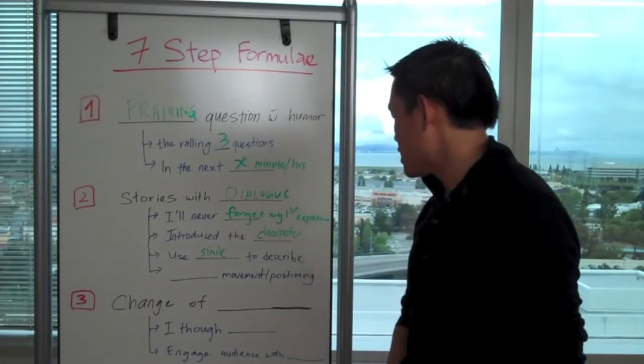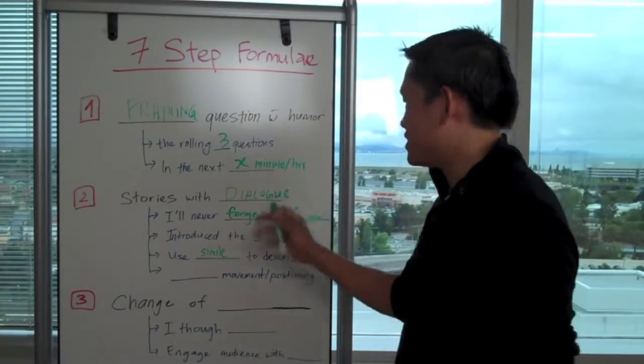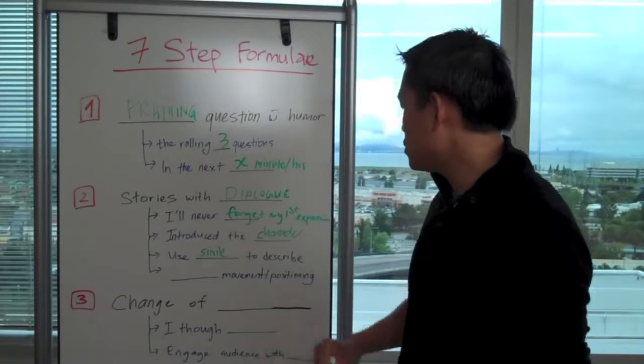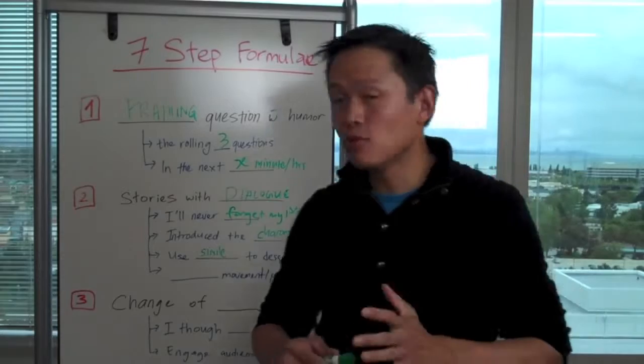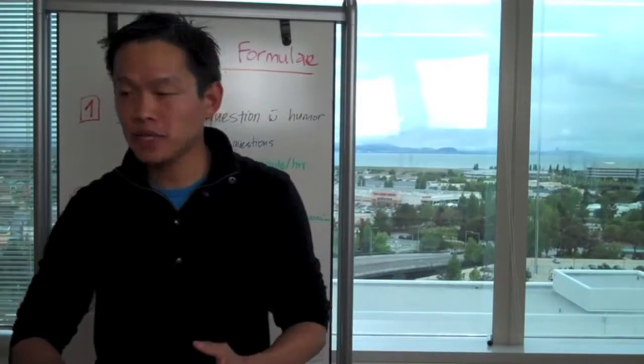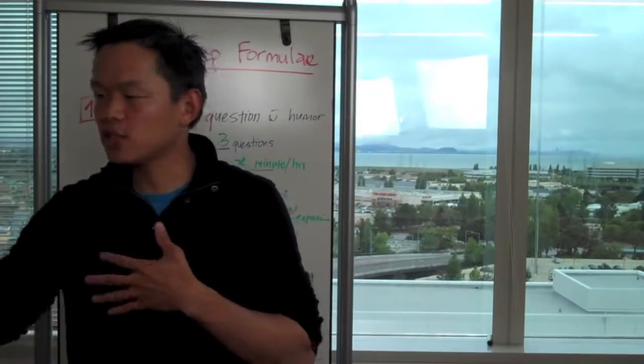The second thing is movement and positioning. When you use dialogue, you need to use movement. Movement, dialogue, movement. So when you want to talk about, I met the Chinese version of Natalie Portman, and then everything changed when she called me.